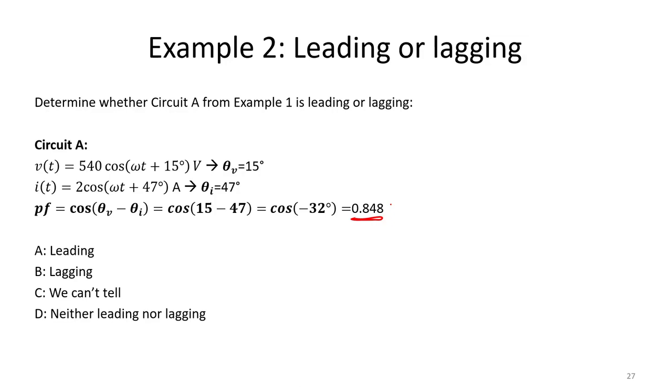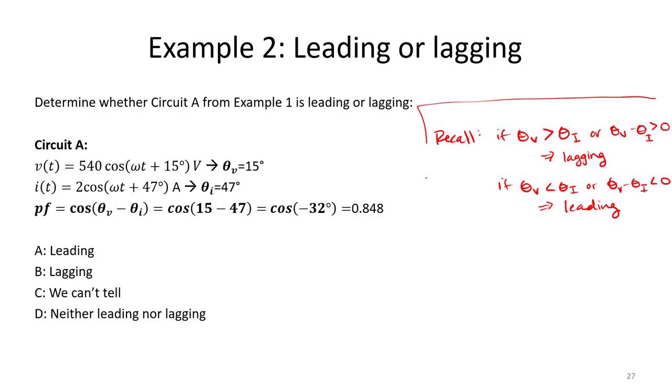Let's go ahead and remind ourselves. It's very important that we remember our rules for leading versus lagging. So in this case, let's take a look at circuit A and see what we get.